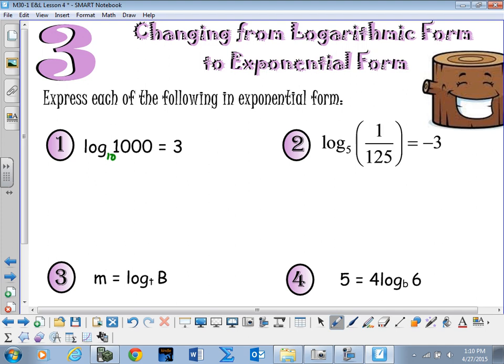And hopefully this makes sense, because if we say 10 is the base, 3 is the exponent, we know that 10 cubed is equal to 1,000. So that's true. Let's look at number 2. Base 5, exponent negative 3, what it equals? And we know that's also true. 5 to the negative 3 is 1 over 125.